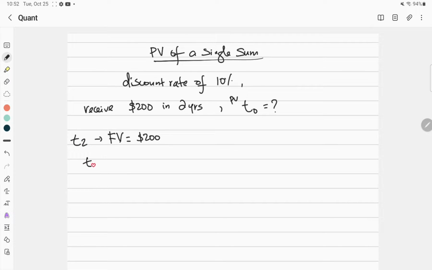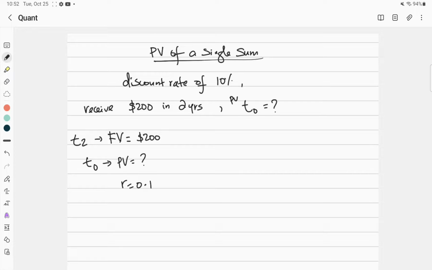But at time zero, what will be your investment? How much would you have invested at a discount rate of 10% so that in 2 years you will receive $200?